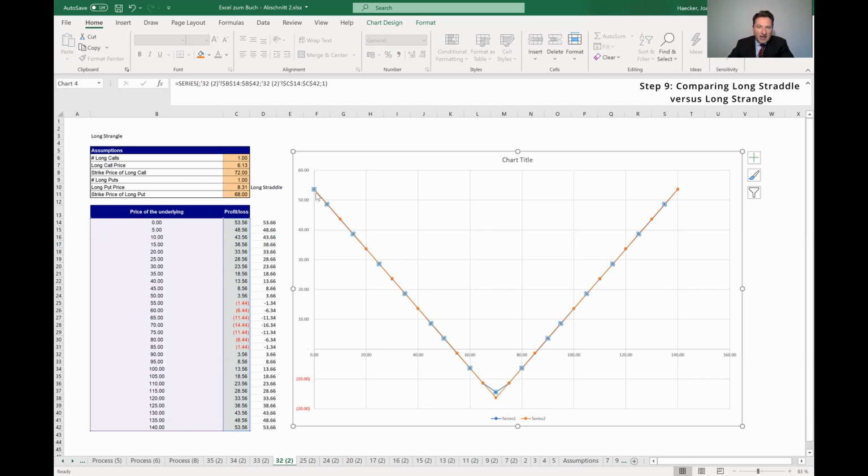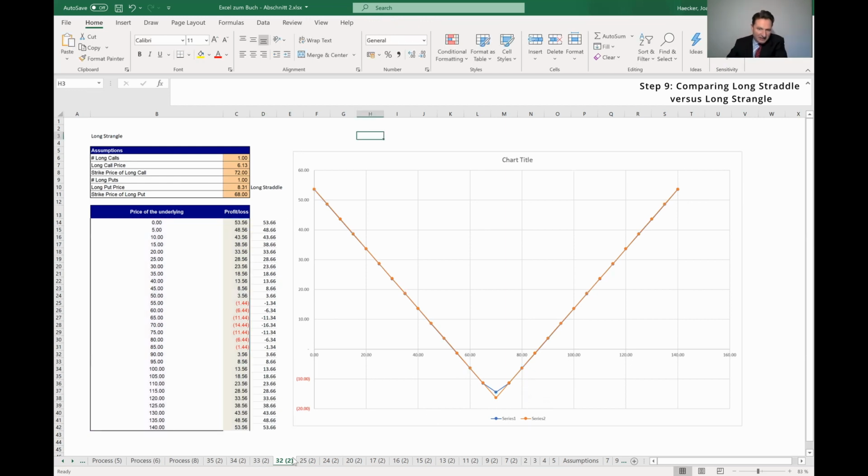However, at the end of the curve, we make less profit with the long strangle compared to the long straddle. 53 euros and 56 cents compared to 53 euros and 66. The long straddle comes with a slightly higher risk than the long strangle due to the different strike prices for the long call / long put.